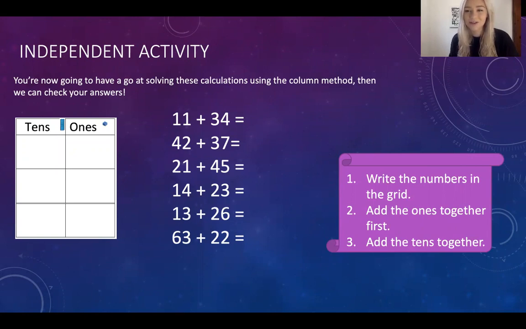Please make sure you're doing it really carefully to make sure your columns are lined up perfectly. It's really important that you do that. So the first thing you need to do is write the numbers in the grid. Do one number at a time and partition them, and then add up the 1s together first, and then add your 10s together. Please pause the video now so that you can have a go at this.